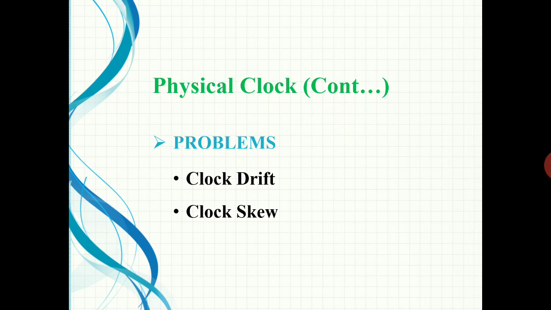Clock drift means the difference between the clock and the real time. It is due to imperfect tuning of the crystal, or due to temperature or external factors that influence the frequency of the crystal. The second problem is clock skew.